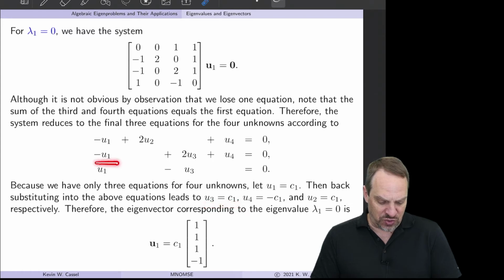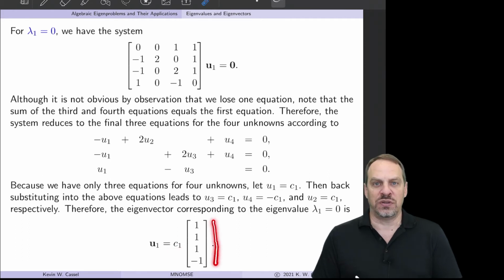Once I know u1 and u3, I can get u4 from the second equation, and u4 would then have to be minus c1. And then finally u2, once I know u1 and u4, I can solve for u2 as just c1. So my eigenvector that corresponds to the eigenvalue 0 is just an arbitrary constant c1 times 1, 1, 1, minus 1.